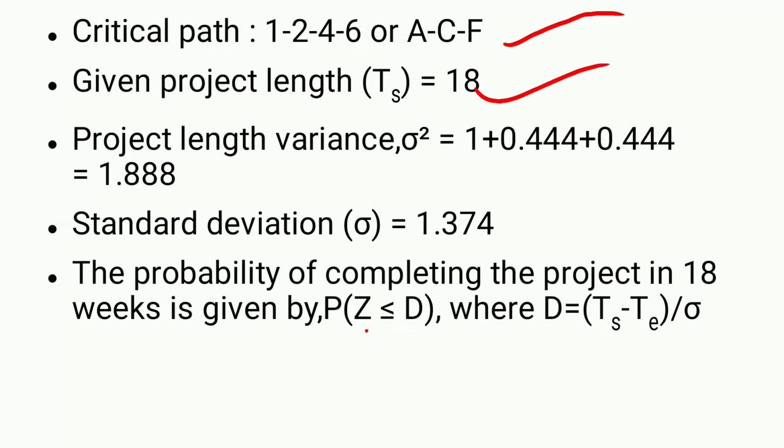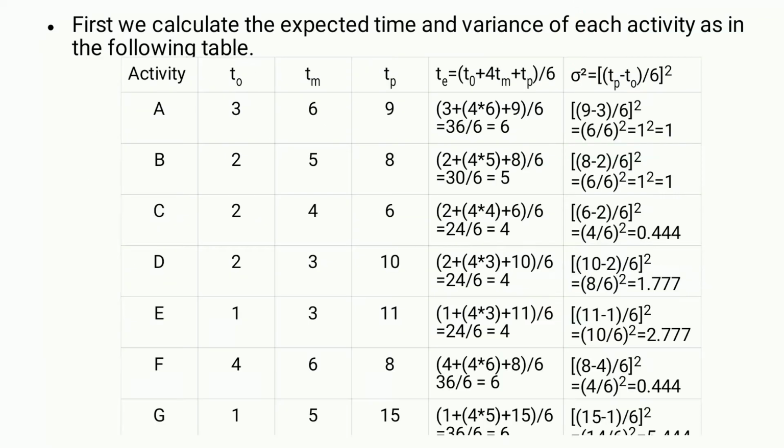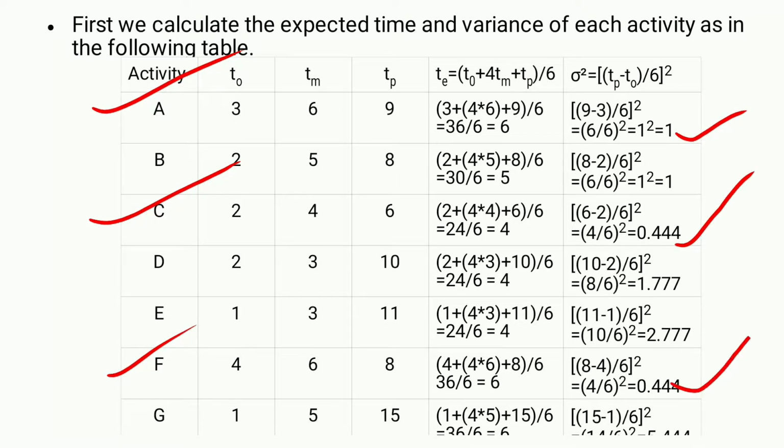And in the same way, how to calculate the project length variance. Already we have calculated the sigma square for each activity. Here we have the critical path through A, C and F. We have to add all these variances. 1 plus 0.444 plus 0.444.